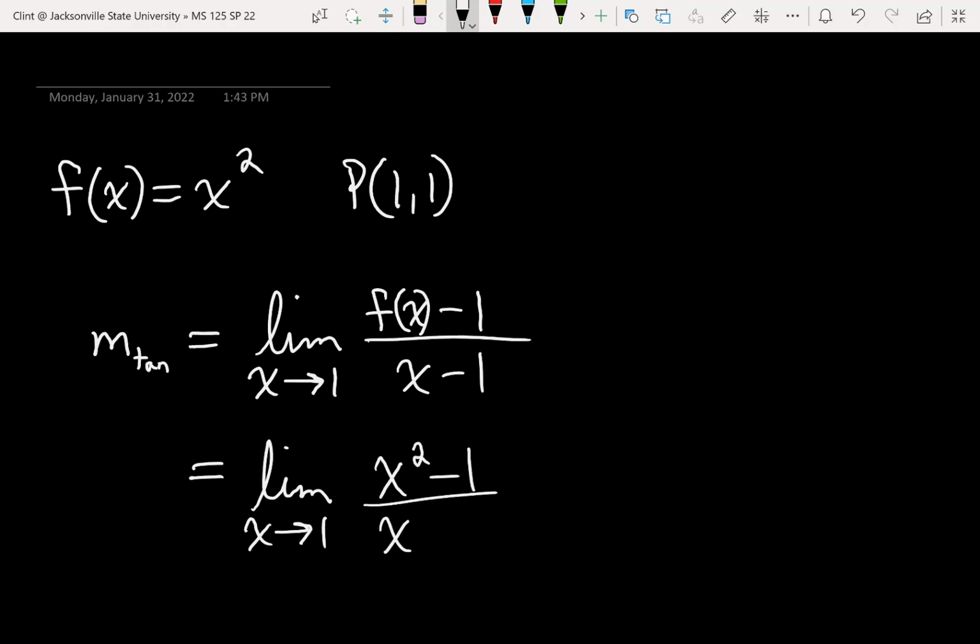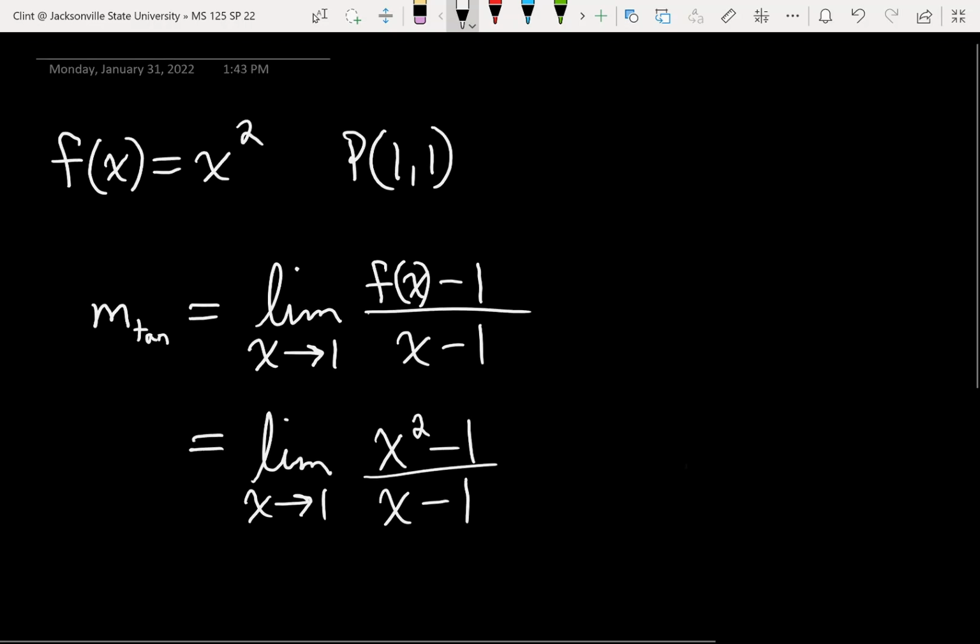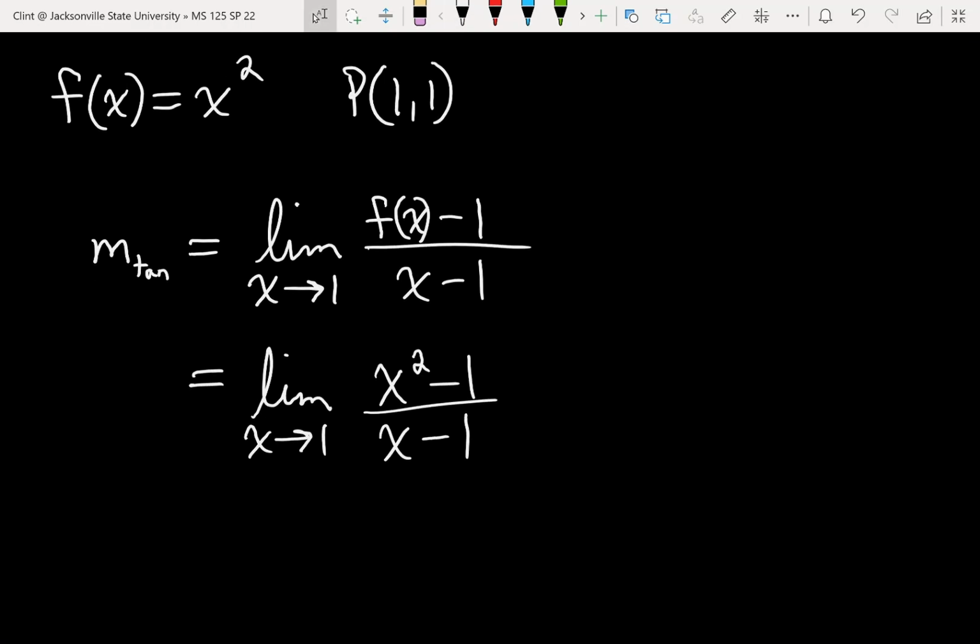Another way we can write this is x squared minus 1 over x minus 1. And now we're just finding that limit. So forget about the rest of it. Just focus on what we've been doing. We've been finding limits.